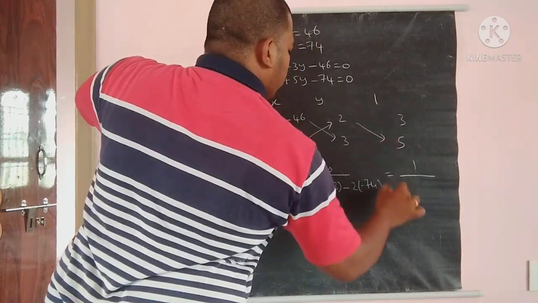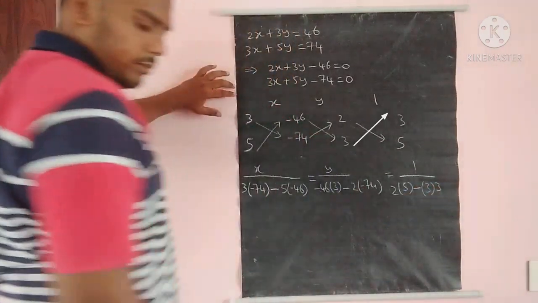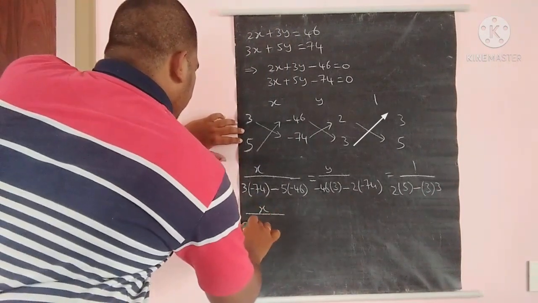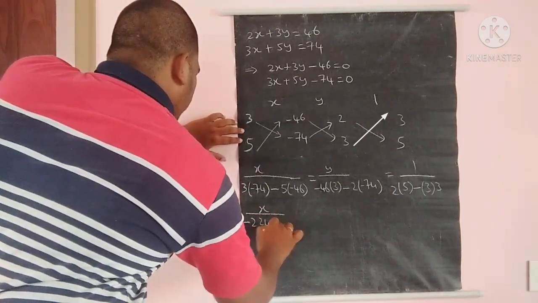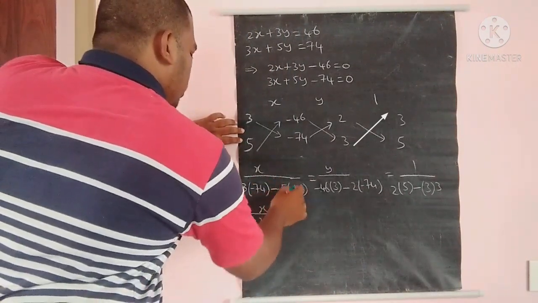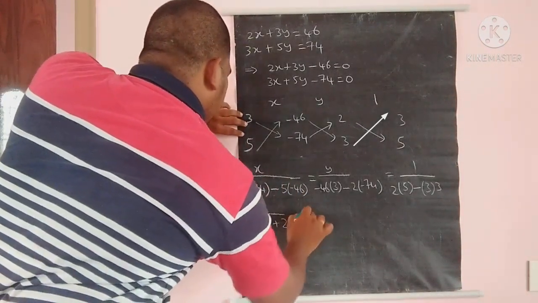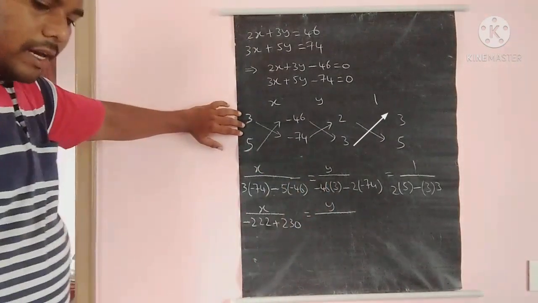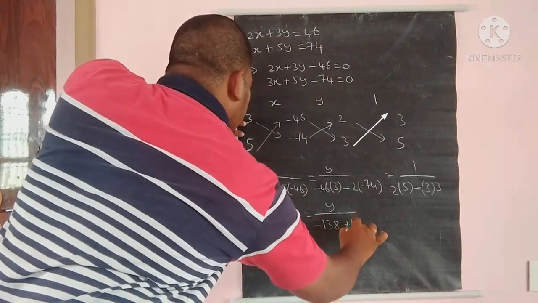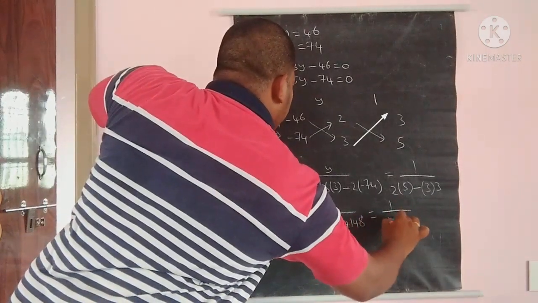1 by 2 into 5 minus 3 into 3. So this is x by minus 222 plus 230, equals y by minus 46 into 3, minus 138 plus 148, equals 1 by 10 minus 9.